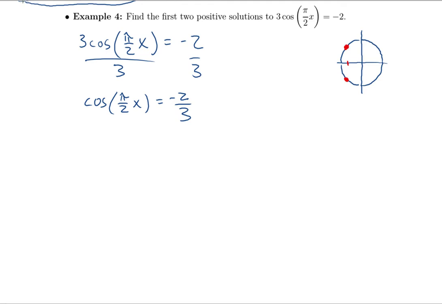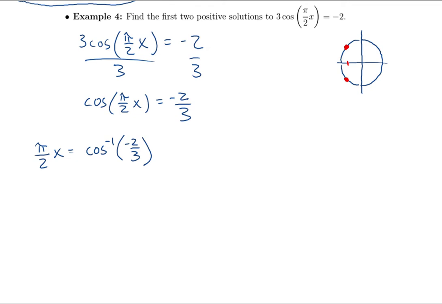So how are we going to do this? Well, if you have a function of something equals a number, if you apply the inverse to both sides, then that's going to get the pi over 2x by itself. So we'll say pi over 2x equals the cosine inverse of negative 2/3.